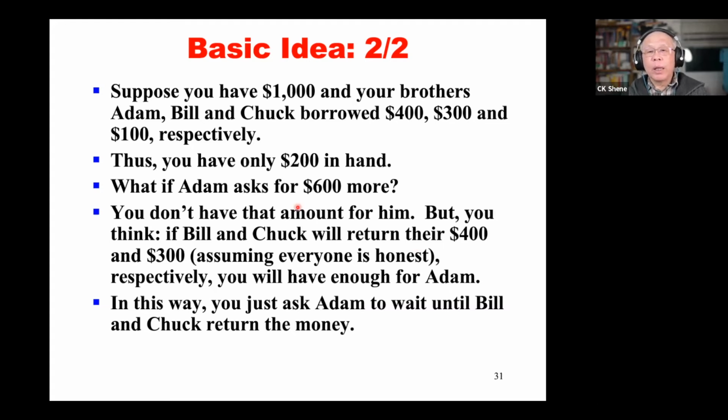Of course, you cannot satisfy Adam's request because you only have 200. But you think if Bill and Chuck will return their $400 and the $300 respectively, assuming everyone is honest, you will have enough money for Adam. In this way, you just ask Adam to wait until Bill and Chuck return the money. So this is the basic idea.